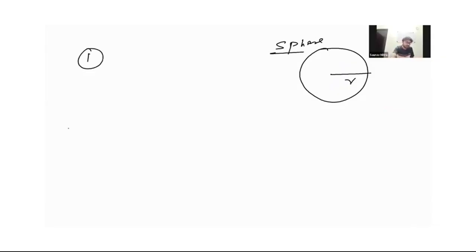Now last is your sphere. Let us discuss the sphere. It is a 3D figure with radius r. For the sphere, we should know the surface area and the volume. The surface area of the sphere is 4 pi r square.